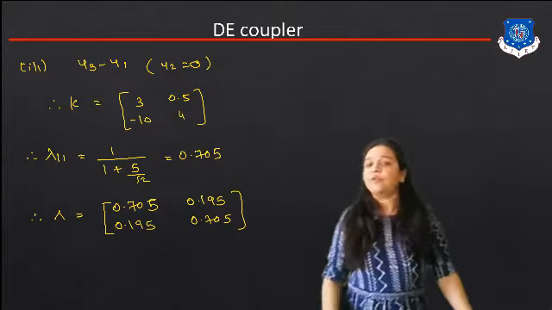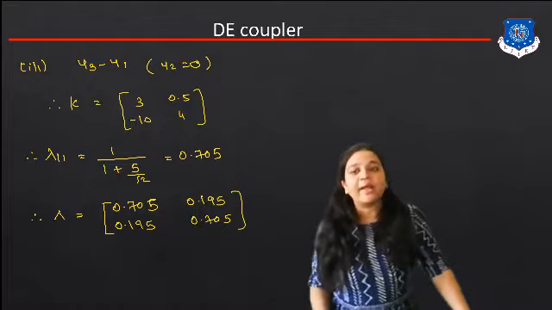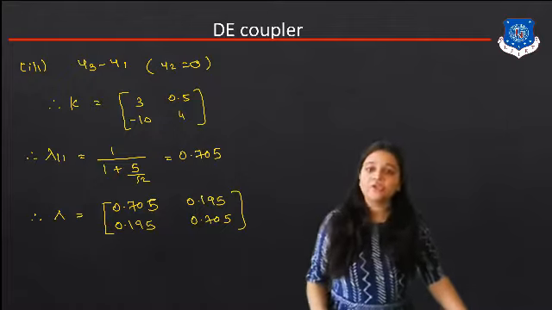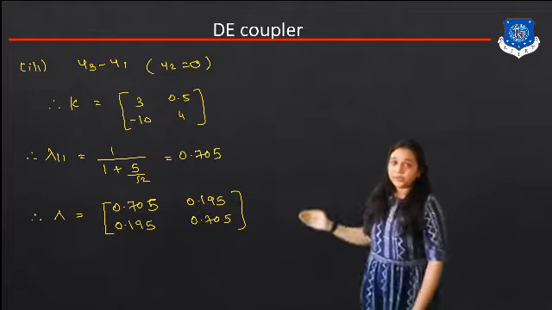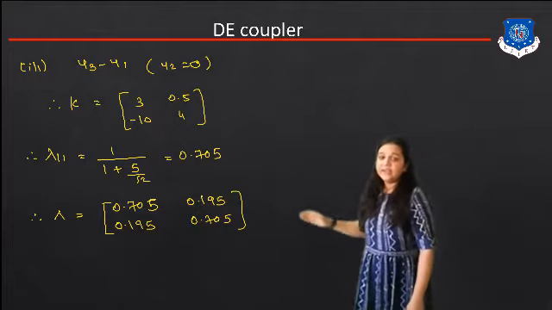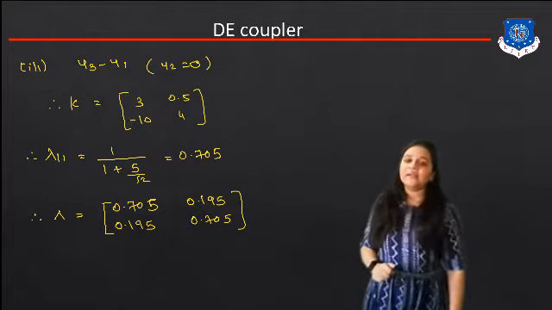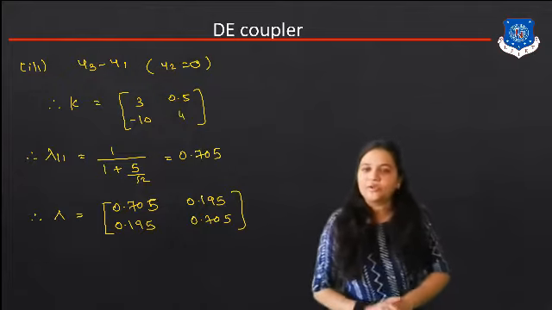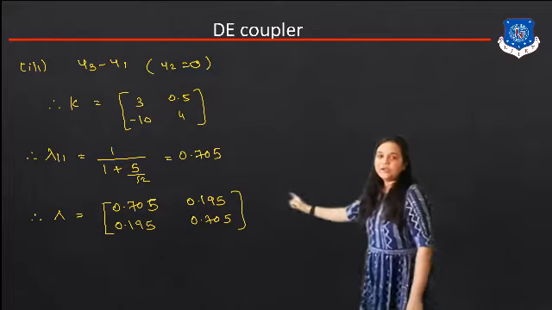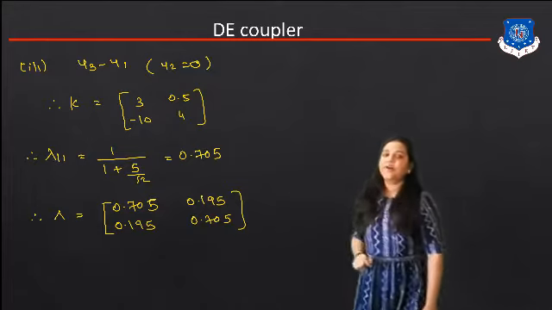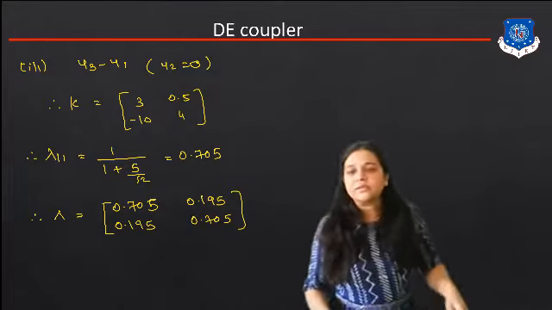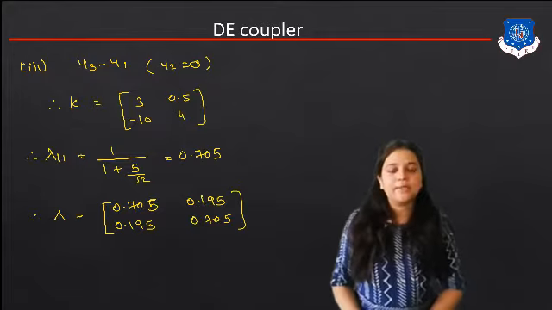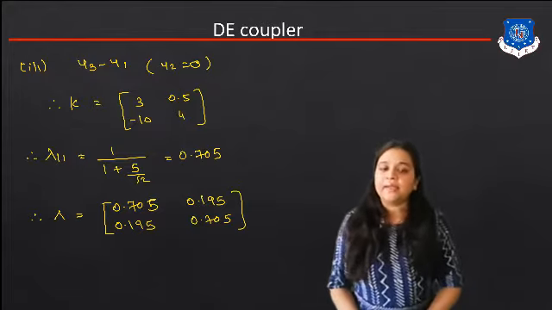Then again we find the value of lambda 11 using the RGA. So it is 1 upon 1 plus 5 by 12, this is the simplified version, that is equal to 0.705. So we write 0.705, 0.705, and then 1 minus 0.705 is 0.195.